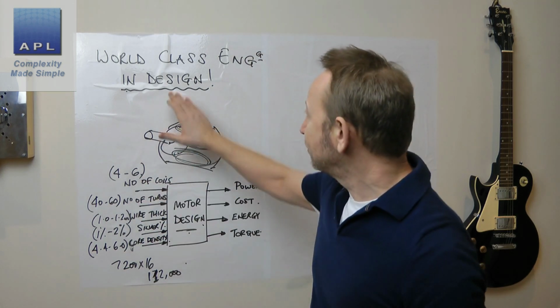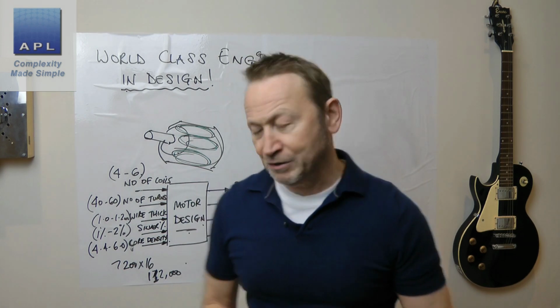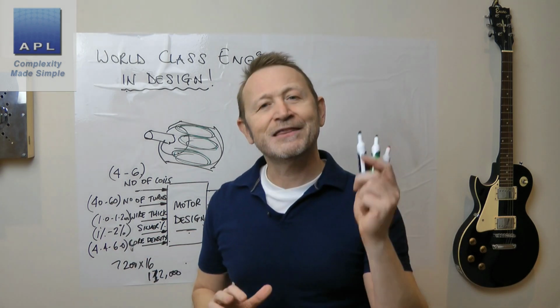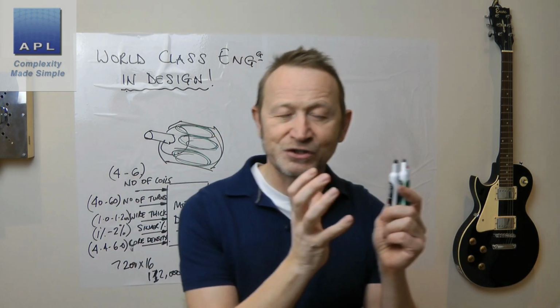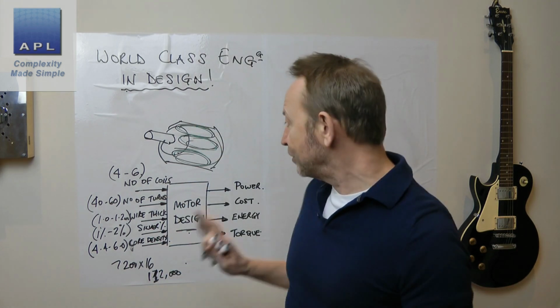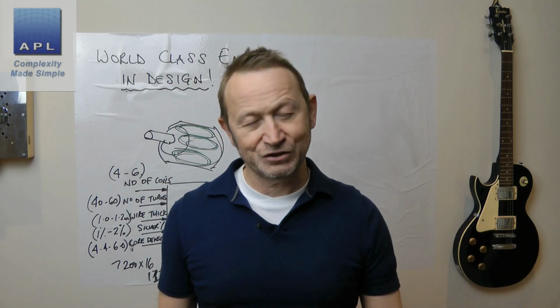Now, let me show you a world-class engineer. Now, what knowledge have we needed up to now? Well, the experts have told us the design space. They've told us the elements that are important. But now, world-class engineering takes over, because we're not going to expect the expert to be able to guess the solution.